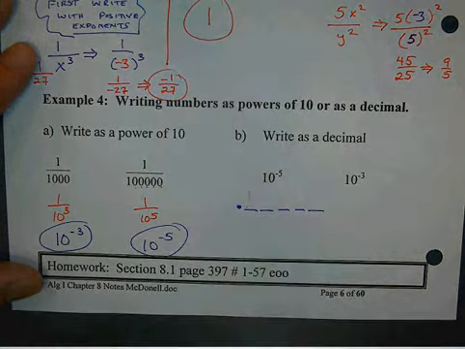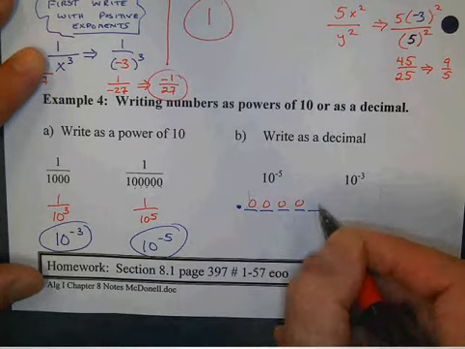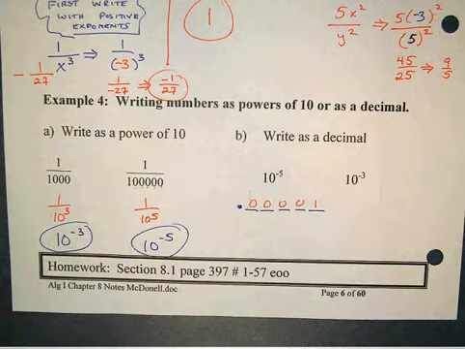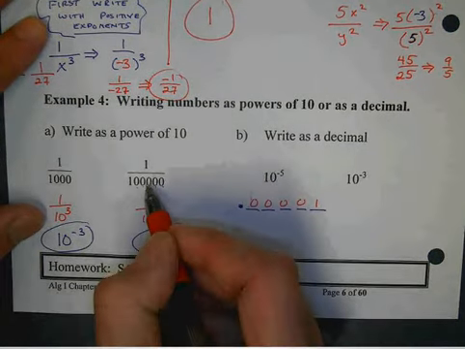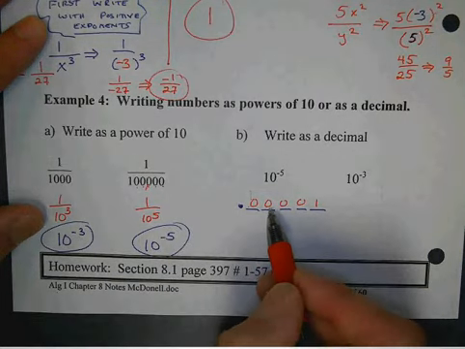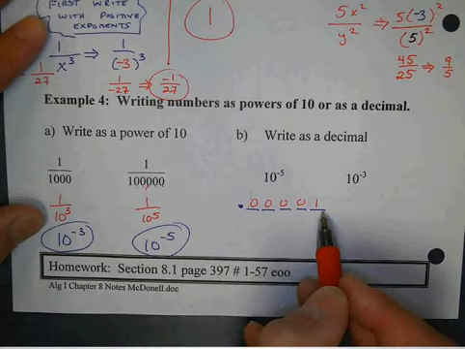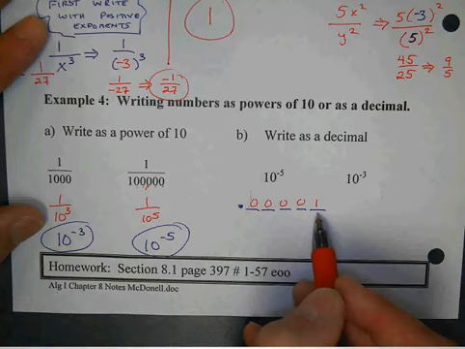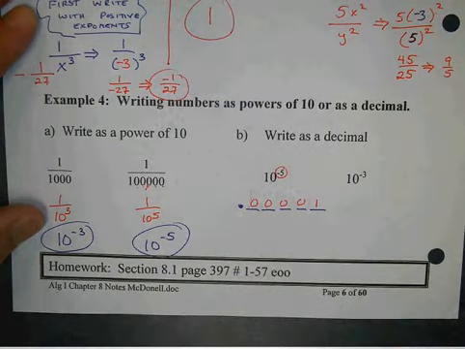And I plug in 0, 0, 0, 0, 1. Remember, 10 to the negative 5th is 1 over 100,000. We agree? This is tenths, hundredths, thousandths, ten-thousandths, hundred-thousandths. So this is 1/100,000th. But the way I remember it is, it has that number of decimal places.